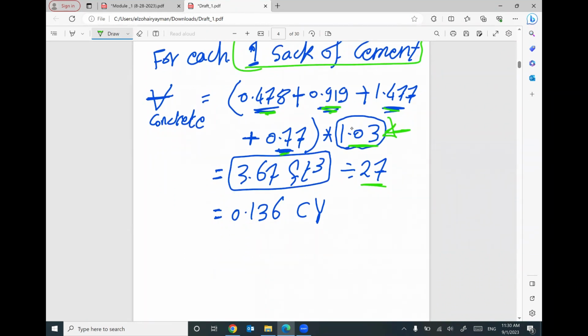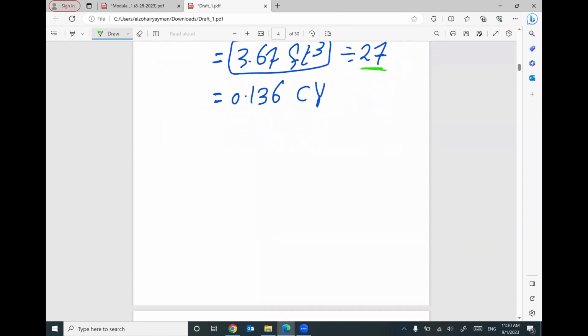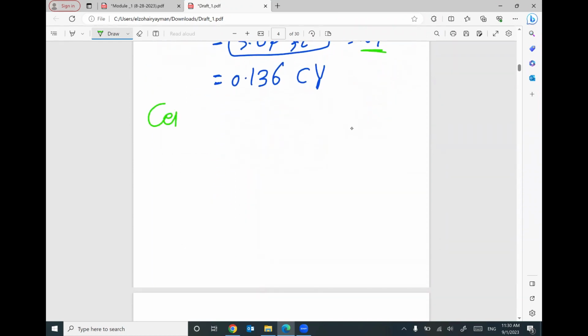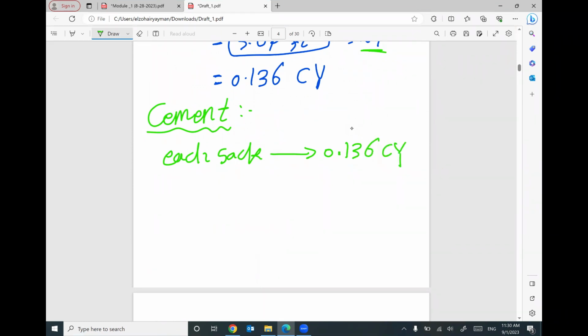Does that make sense? So I can say for cement, each sack will produce 0.136 cubic yard of concrete.